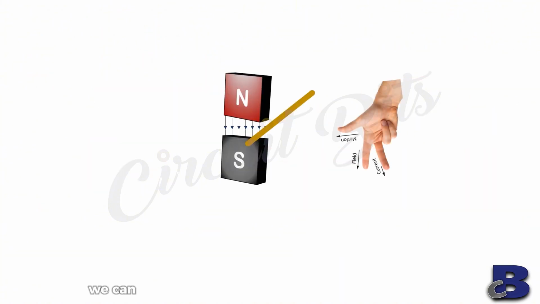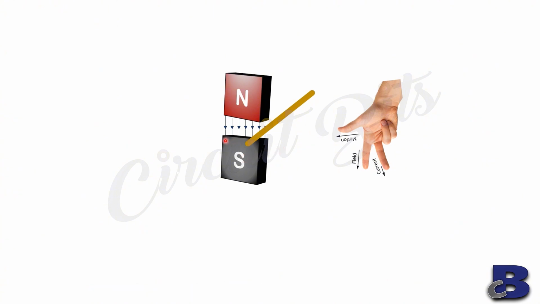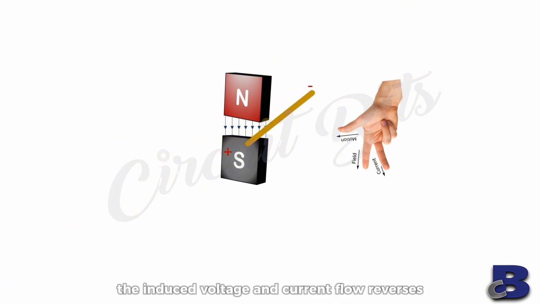In this case, we have our magnetic flux in this direction, while the direction of the current flow is determined by the direction of the force moving the conductor. So, if the conductor moves towards the left, a voltage is induced that enables the current flow this way, and when it moves towards the right, the induced voltage and current flow reverse.